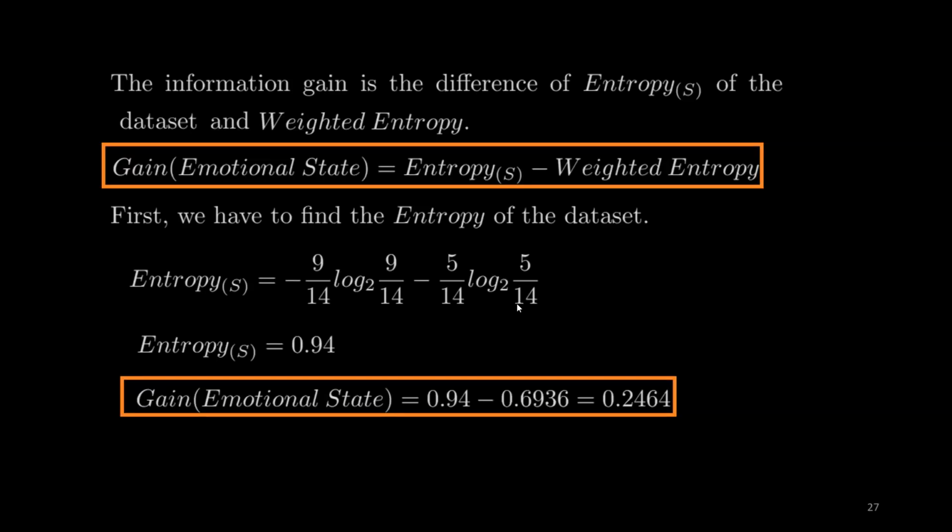Now this is interesting. We have 14 samples in our data set. Out of these 14 samples, 9 belong to label yes and 5 belong to label no. So the entropy of the whole data set will be according to the labels. The yes label appears 9 times and the no label appears 5 times.